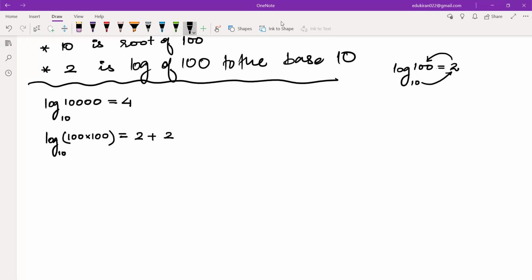Now I am just copying this again, log to the base 10 of 100 into 100. It is equal to, can I write 2 as log 100, and this 2 also as log 100? Yes or no? Tell me, Hiba. Yes, sir. No problem.